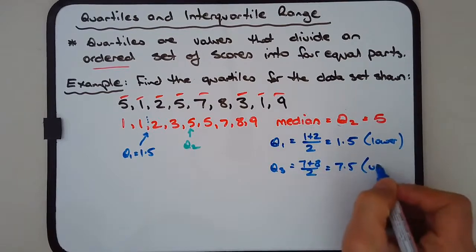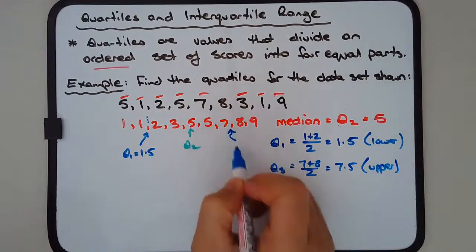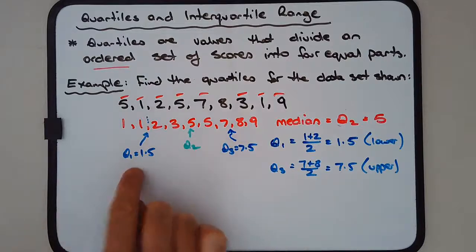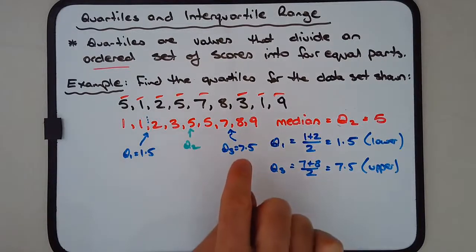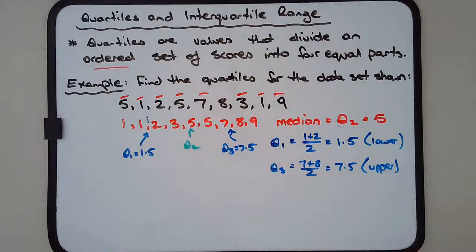This is the upper quartile. So that's Q3, and that's equal to 7.5. So these 3 values, Q1, Q2, and Q3, separate the data into quarters. And that's it. We'll look at later on what this means.